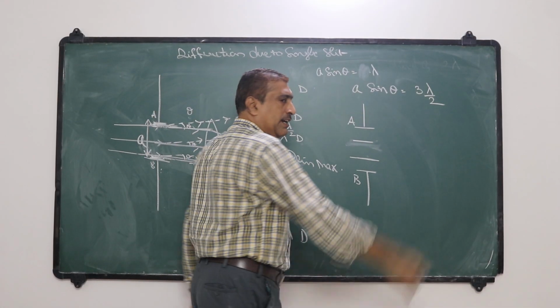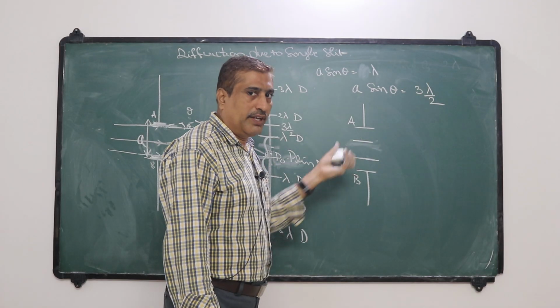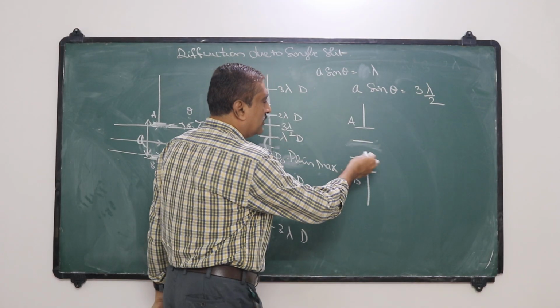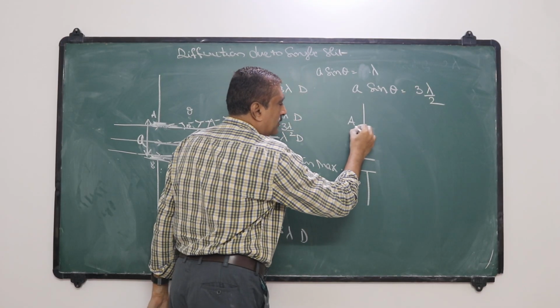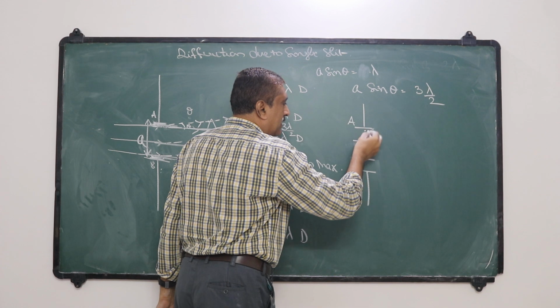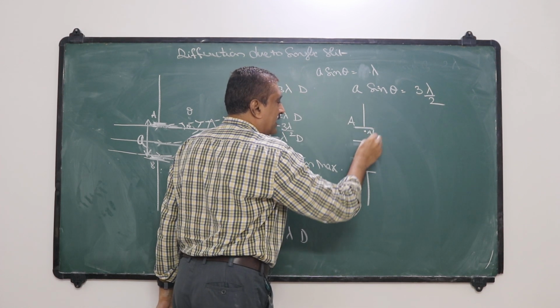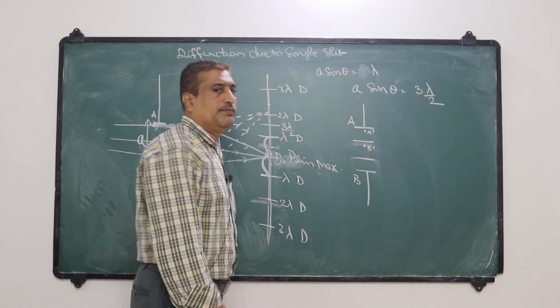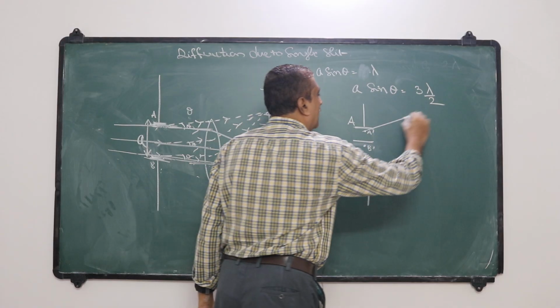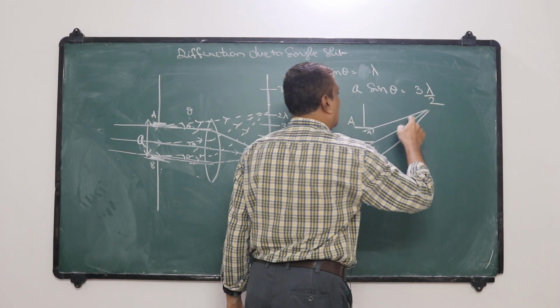Now the same argument as in the previous minimum case. If we divide the slit into 3 equal parts, consider a point A dash here, and there exists another point B dash in the second half, such that the path difference of the light reaching this point from these two is lambda by 2.